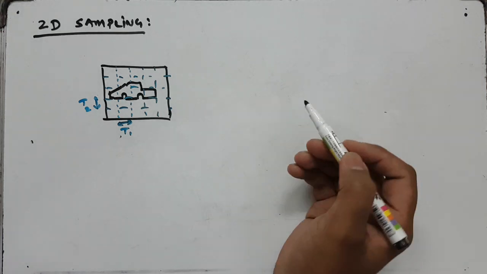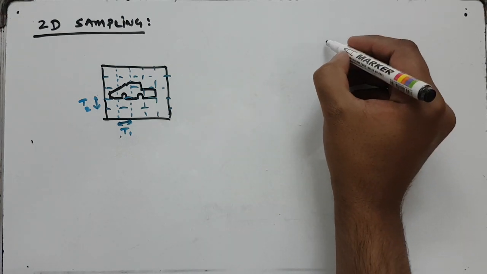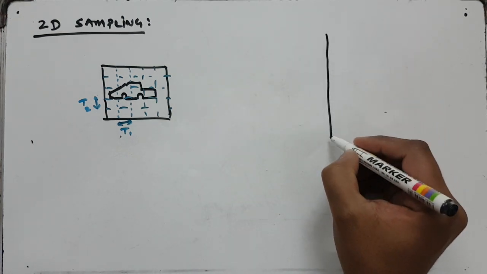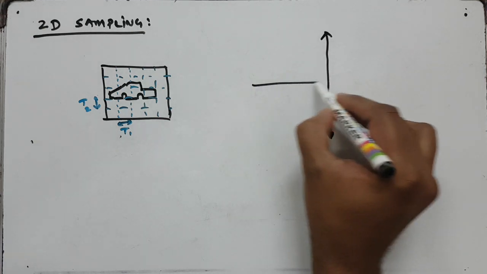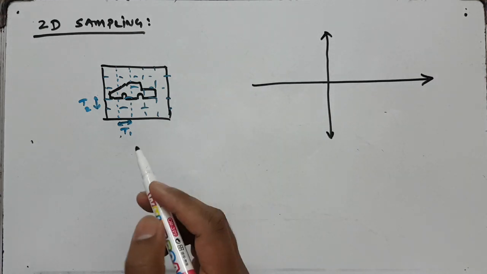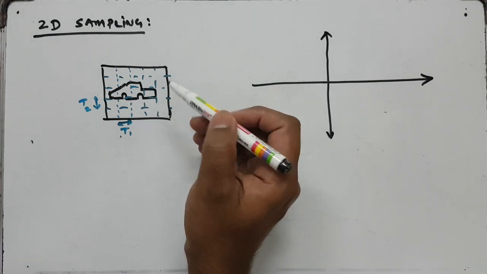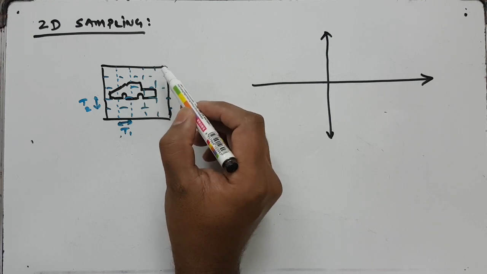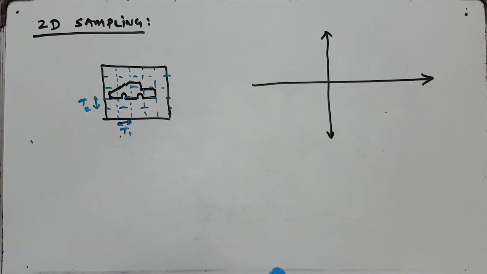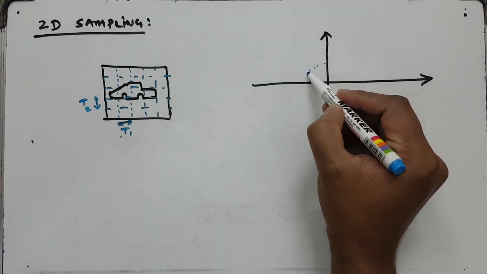So when we covered the 1D sampling part, I had discussed it in detail. I'm not going to go into much detail here because I want to go to next topics. But we can have the 2D Fourier transform of the original 2D signal, which is drawn in black, not the sampled version. And the support of that signal is going to be somewhere around here.